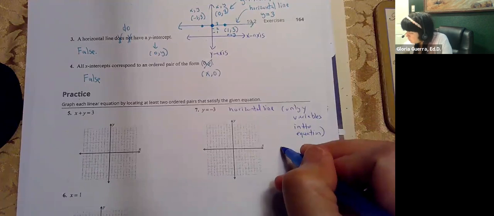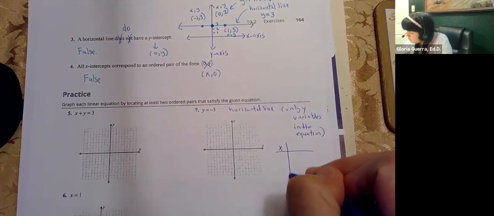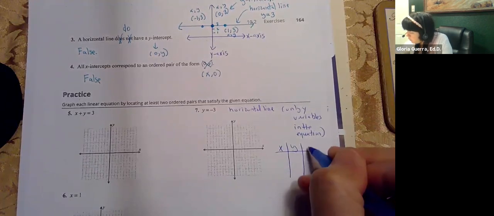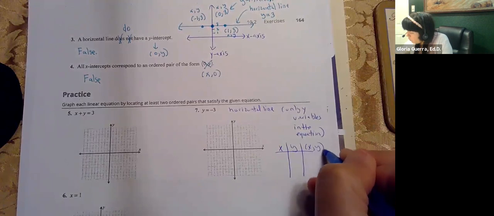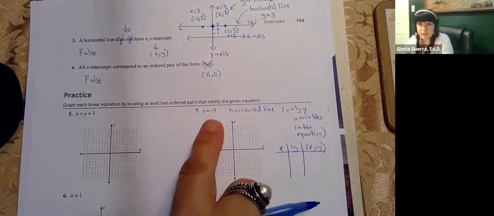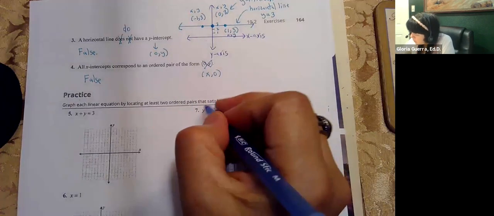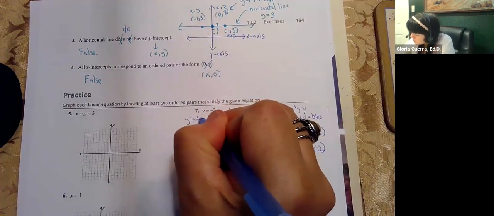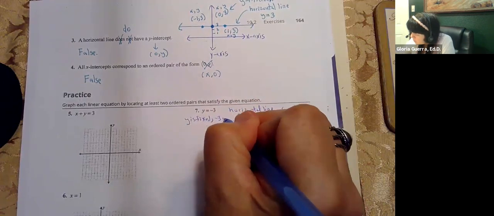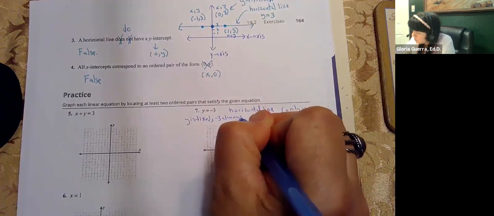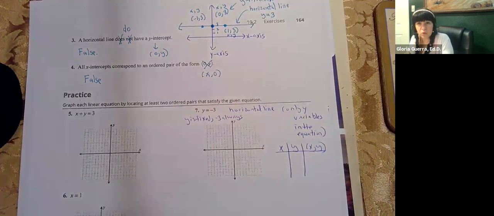So you should do a generic table and y is going to be -3. So y is fixed, -3 always. So this one, there's no algebra really at all needed.